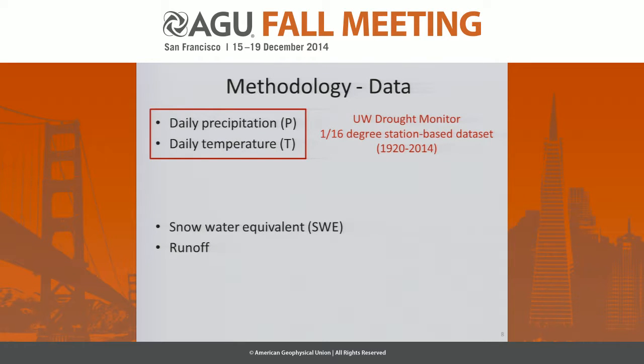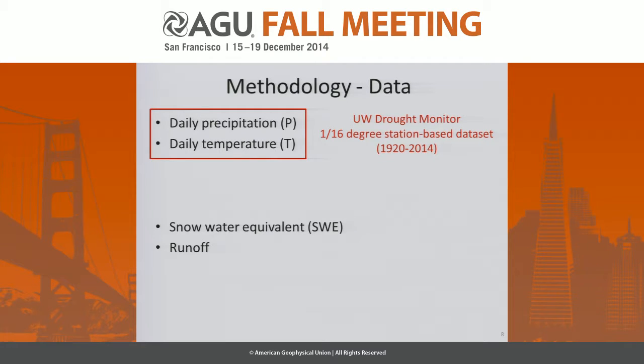The data sets we used in the study are first the meteorological forcing data, including daily precipitation and temperature. These two are extracted from the University of Washington Drought Monitor System, and they're station-based data sets at 1/16-degree spatial resolution.